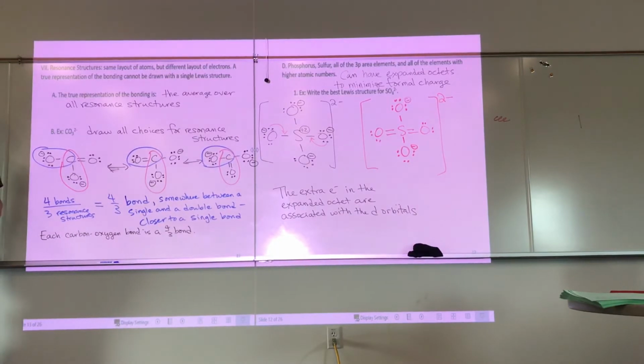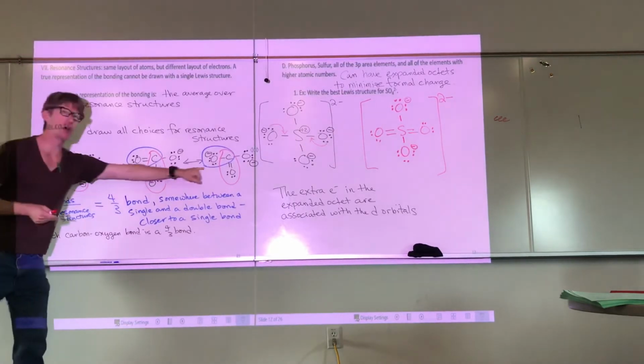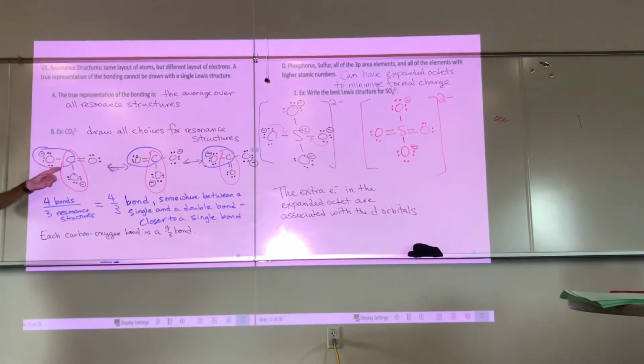Those bonds are identical. And so the main take-home message of resonance structures is that when you draw this first one, you must draw all three, and it is the average. So on the exam, can we talk about exam 3 already? On the exam, when there's a question that says, is the carbon-oxygen bond in the Lewis structure for carbonate the same as all the other bonds, you would say yes, even though the Lewis structure shows single, single, double, double.